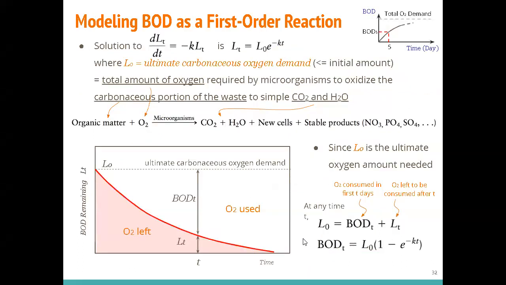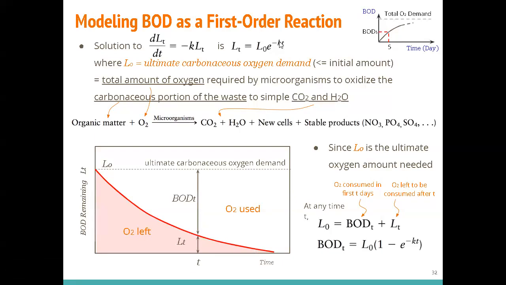And we can solve this differential equation, a very, very simple differential equation. If we solve this equation, we have the expression for LT. It's in terms of L0, which is the initial BOD, meaning the initial amount of organic matter in here, okay? And it's decreasing over time.